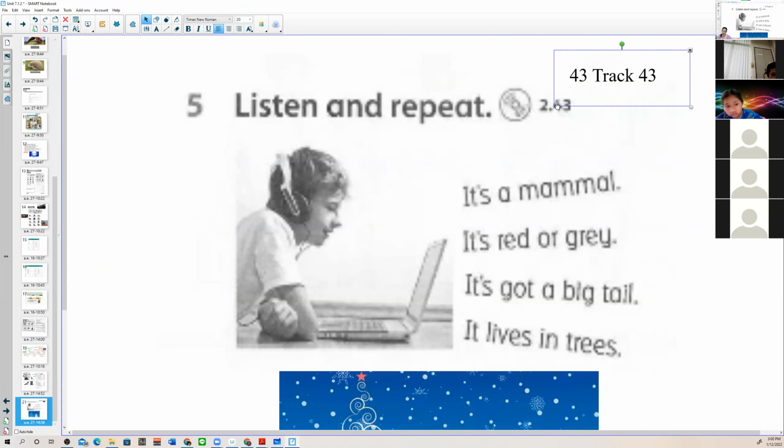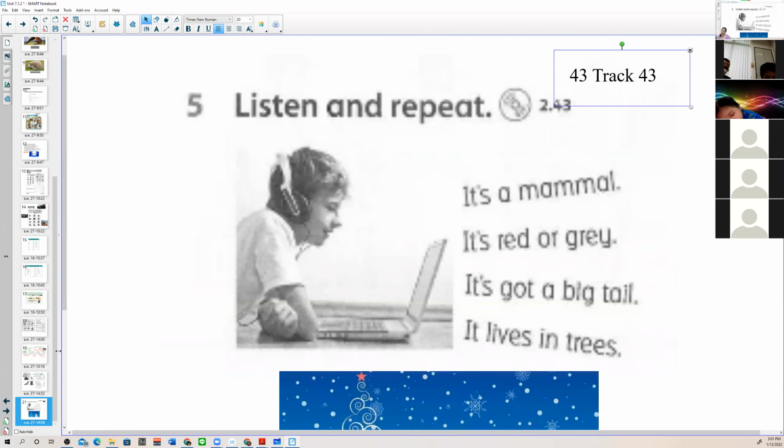Yes, it's a mammal. It's red or grey. It's got a big tail. Good. It lives in trees.